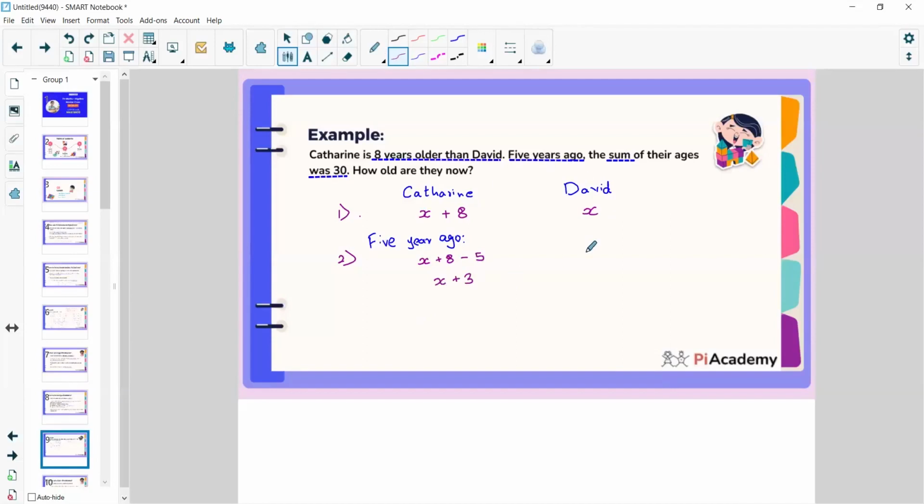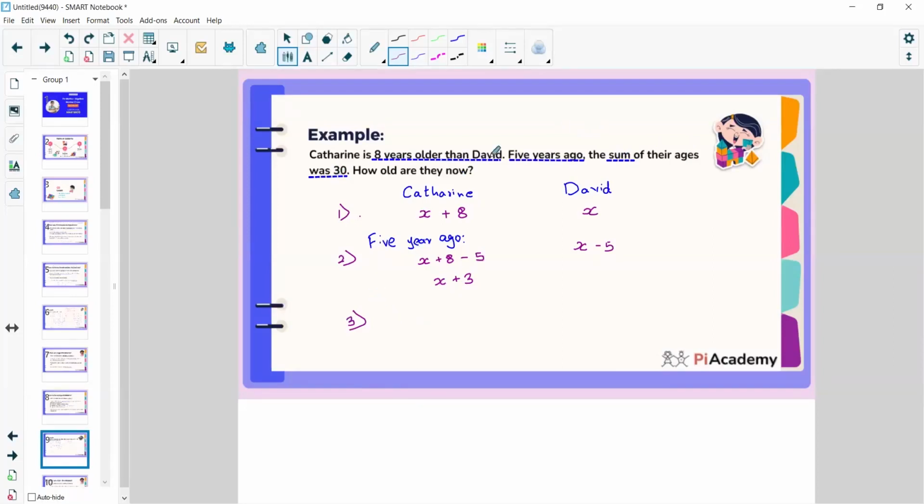And what about David's age? It would be X minus 5. That's it. 5 years ago, Catherine was X plus 3 years old, whereas David was X minus 5 years old. So this is the second step. So assigning variable is done. Writing expressions is done. What is the third step? Form equations. What is the equation? Let's see the info. Sum of their ages was 30.